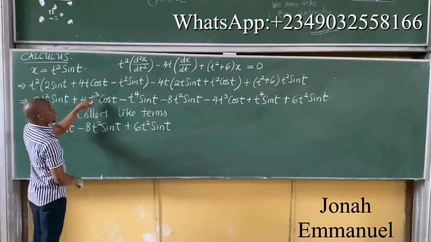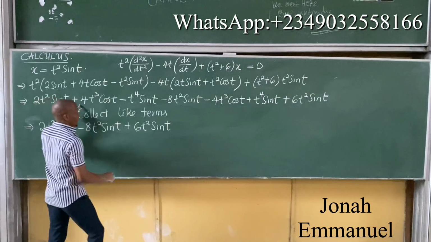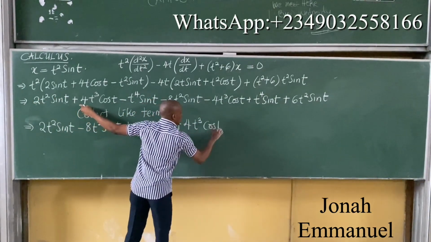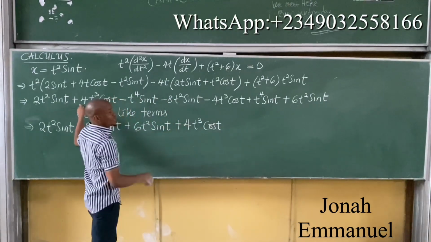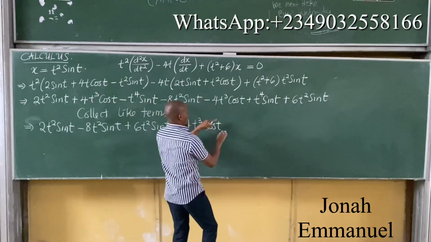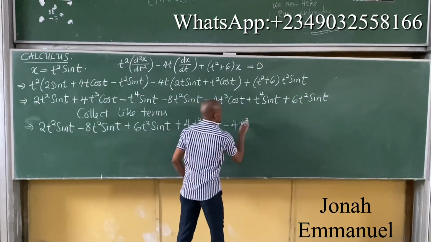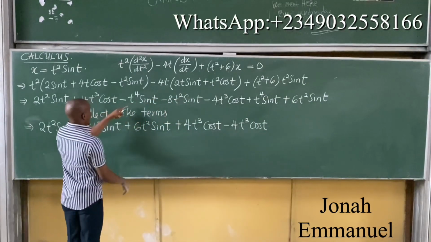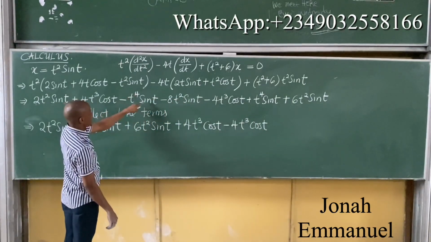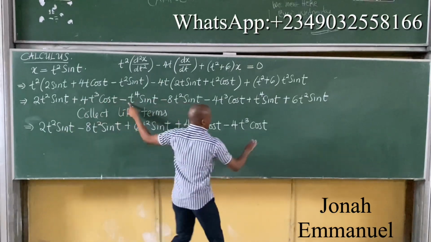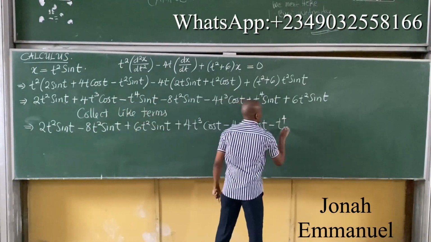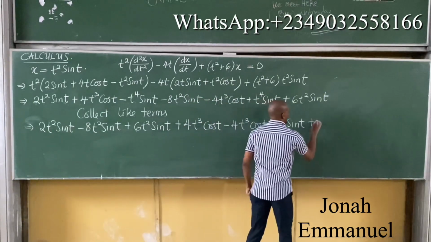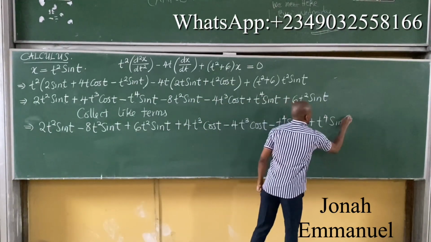Next, t³ cos t. I have plus 4t³ cos t, and this one becomes minus 4t³ cos t. Next, t⁴ sin t: minus t⁴ sin t, and plus t⁴ sin t.